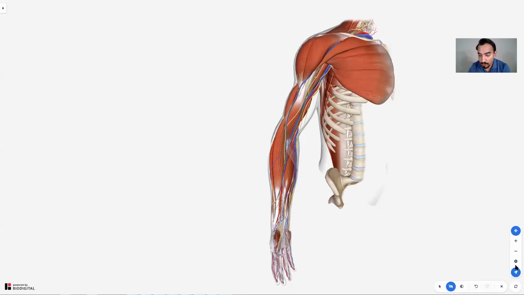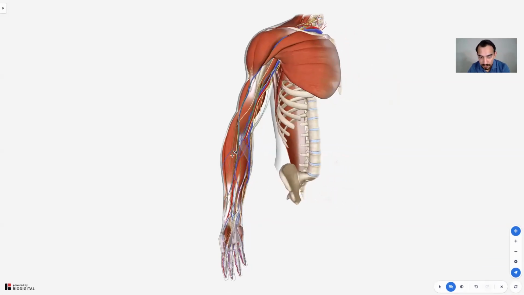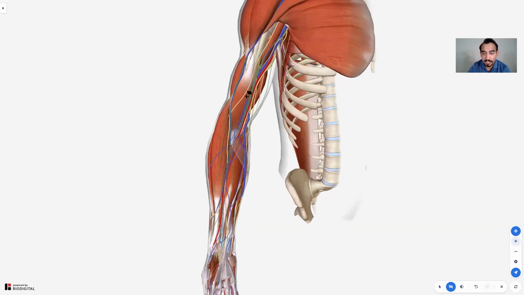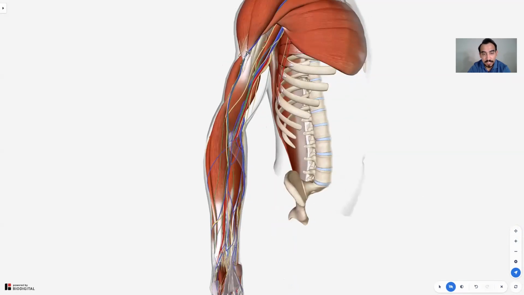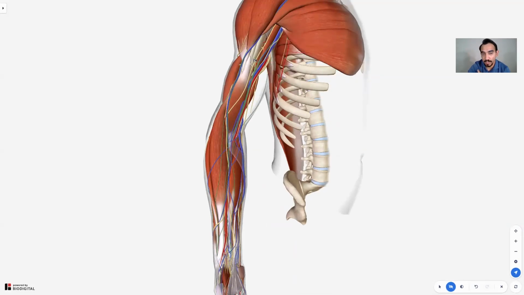Now, the important thing about brachialis is that it is also a very strong flexor. Do you guys know where it originates? If you can see this, it originates just on the medial side where the deltoid ends.